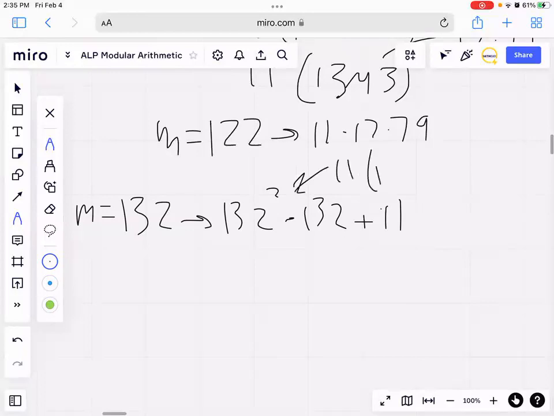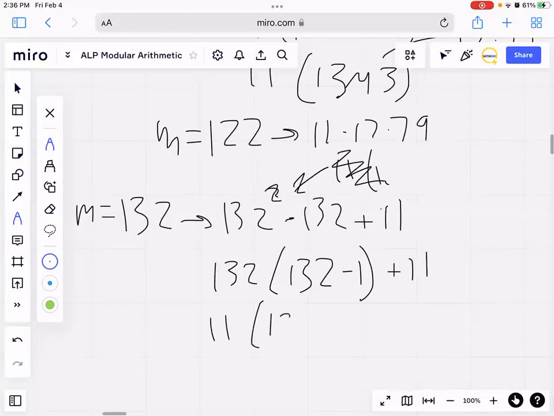So it's just 132 times 132 minus 1, plus 11. And factoring this, we have 11 times 12, because 132 divided by 11 is 12, times 131, which is 132 minus 1, plus 1, because 11 divided by 11 is 1.